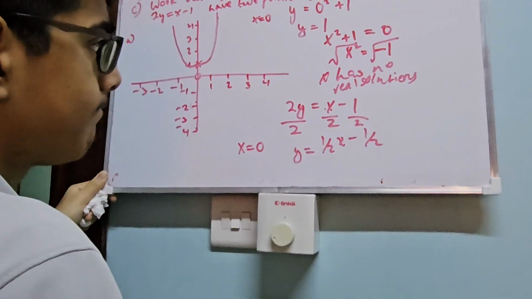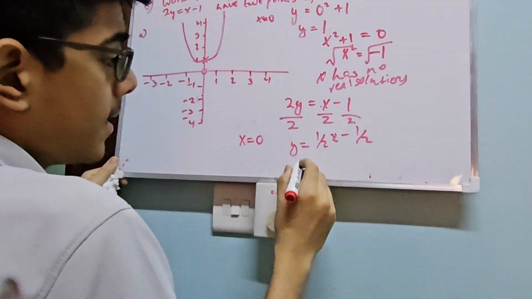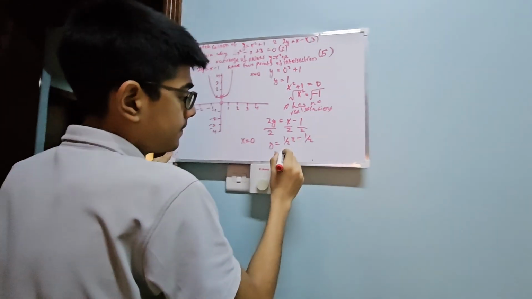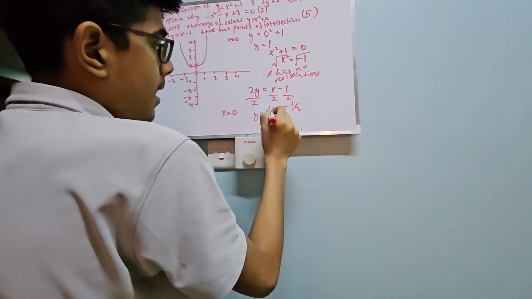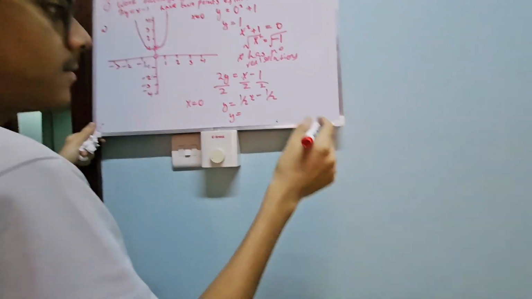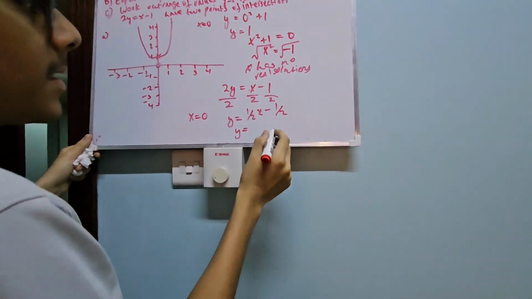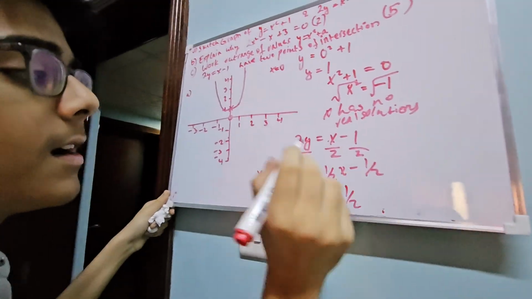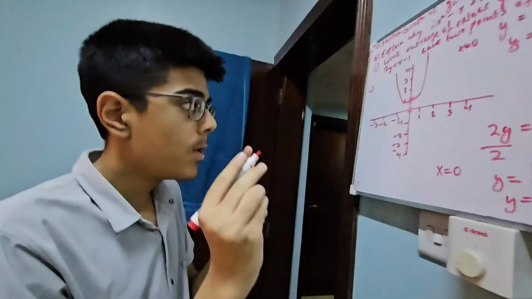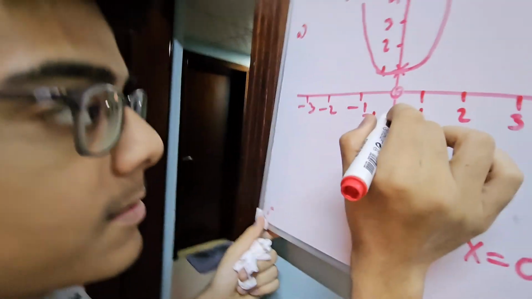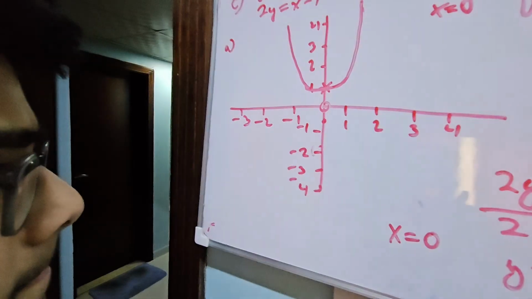So half times 0 is 0, and 0 minus a half gives us minus a half. That is going to be here on the graph, okay?